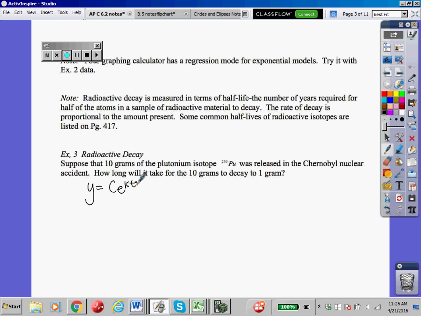So it says you start with 10 grams. So that means at 0 time, you have 10 grams. So what we're going to do is plug in. And are you okay with e to the 0 is 1, so C is 10. So I now have y equals 10e to the kt power.